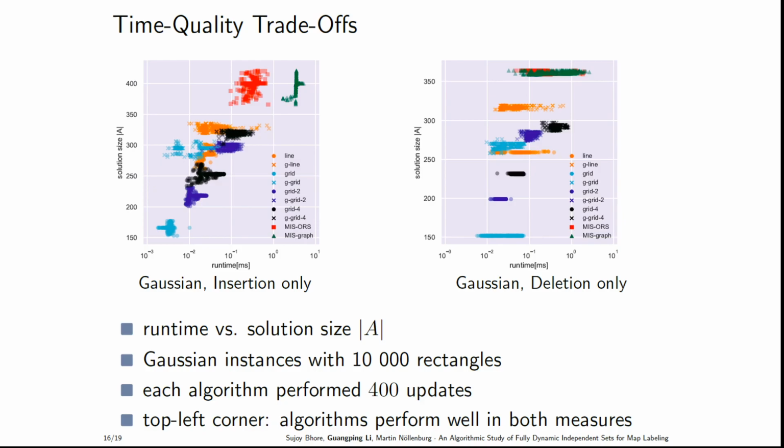And in the scatter plots, we use different colors for different algorithms and use dots for the original variants and crosses for their greedy variants. The algorithms in the top left corner performed well in both measures.